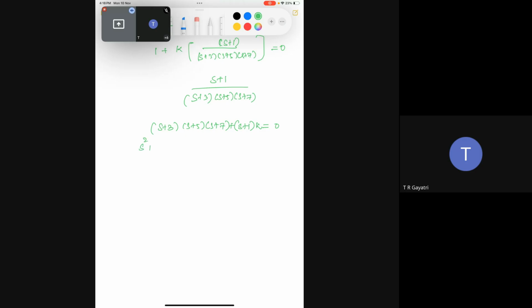So s plus 3 into s plus 5 into s plus 7 plus k into s plus 1 equal to 0.